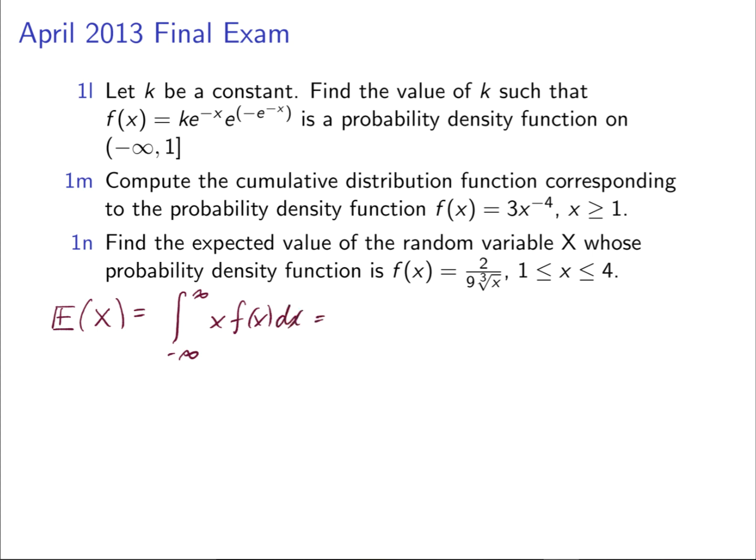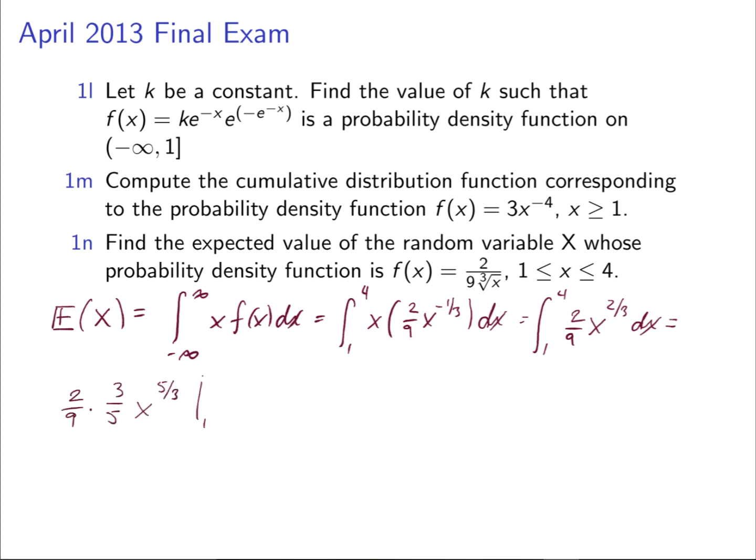The probability density function is 0 except between 1 and 4, and between 1 and 4, it's 2/9 times x to the negative 1/3. So the expected value is 2/15 times 4 to the 5/3 minus 1.